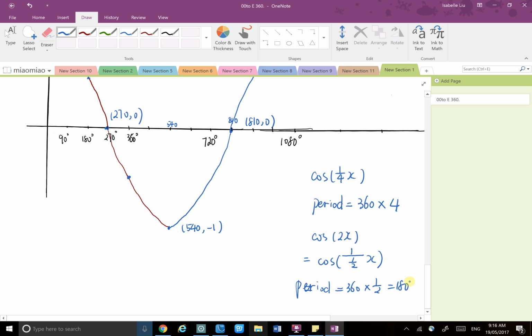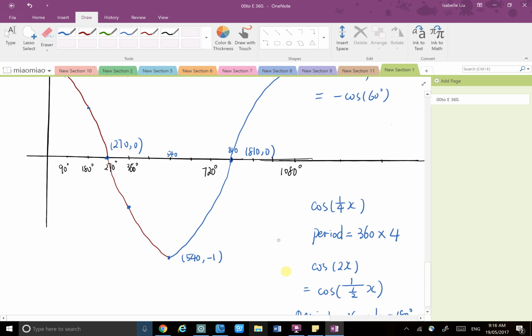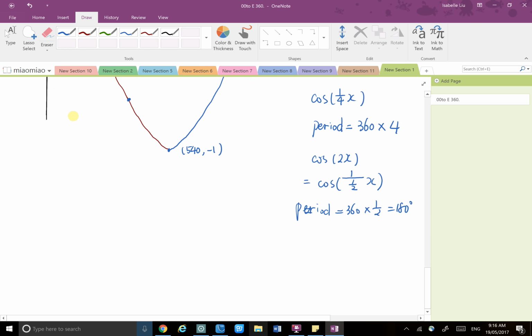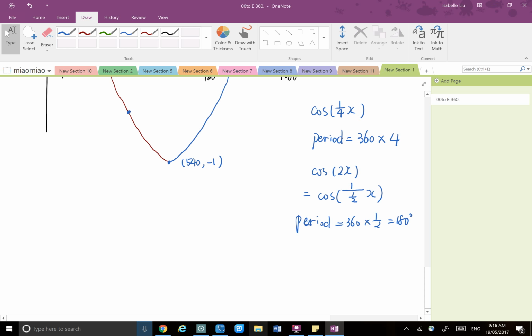That's 180. So this period will be shorter. Your graph is actually compressed. But for this one, your graph has been stretched by 3 times. If it's 2x, then it will be compressed by 2 times.